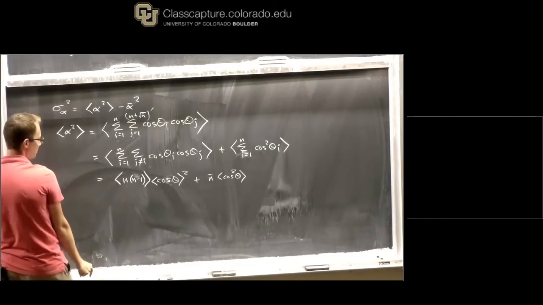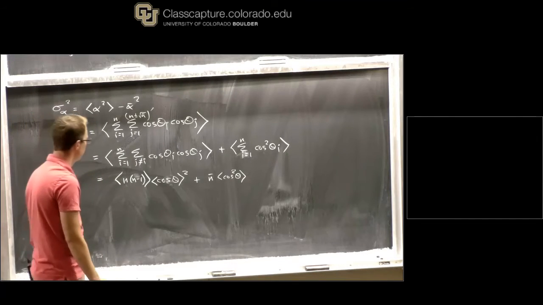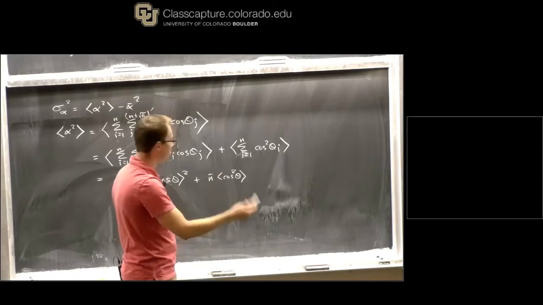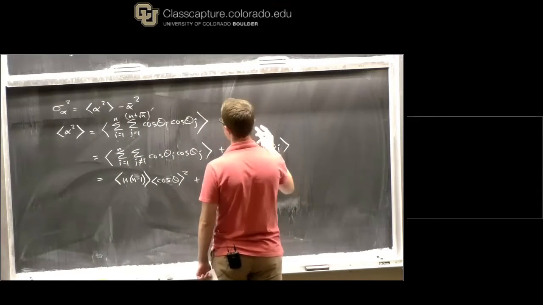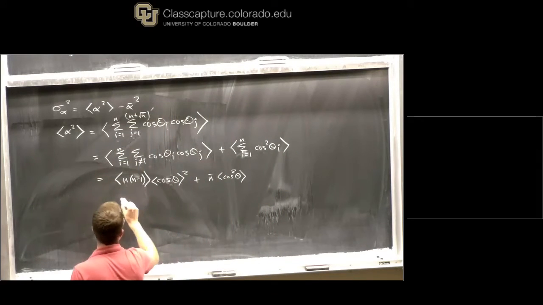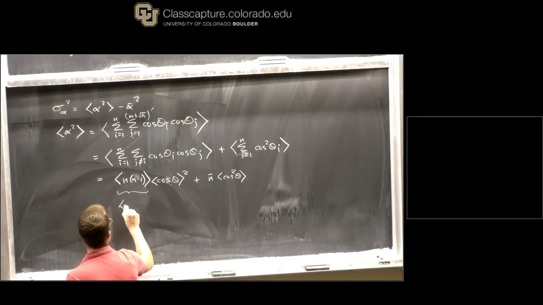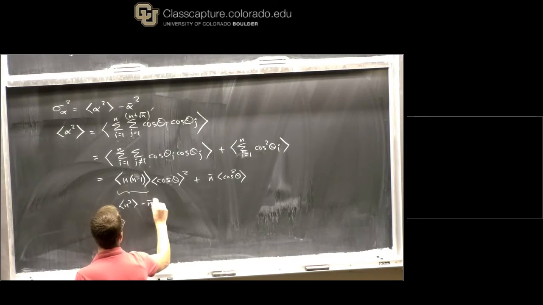If we are okay with this expression, we can invoke the fact that n is a Poisson variable, which is to say that this expression is the average of n squared minus n bar.